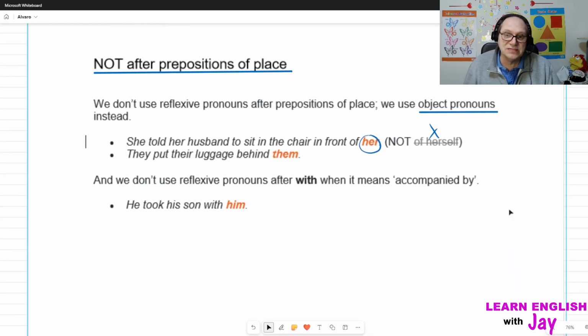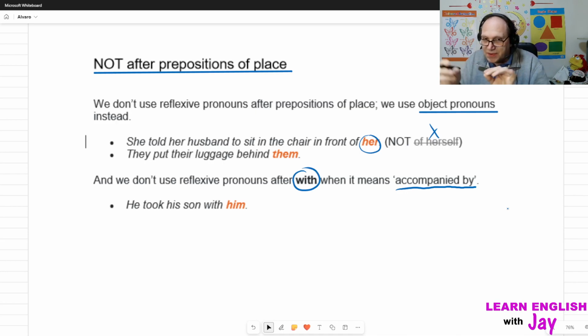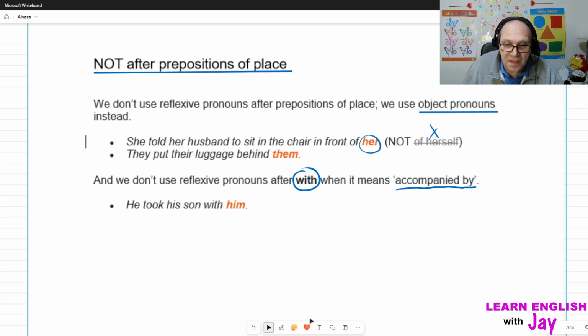When it comes to the preposition with, when it means accompanied by, we do not use a reflexive pronoun. He took his son with him. That means his son is accompanying him. The two of them are going. So that'll be him.